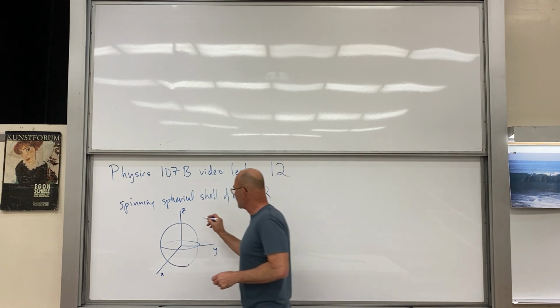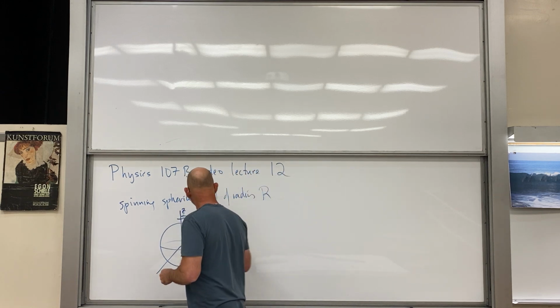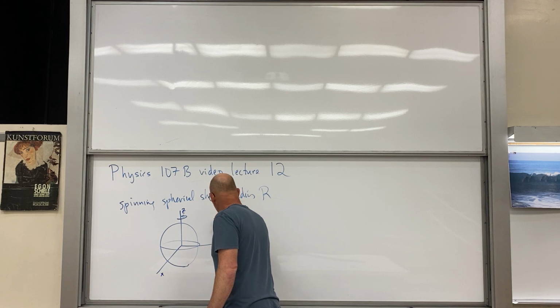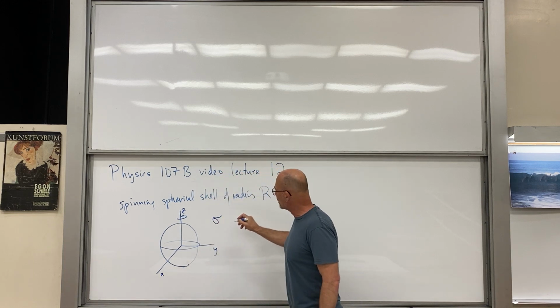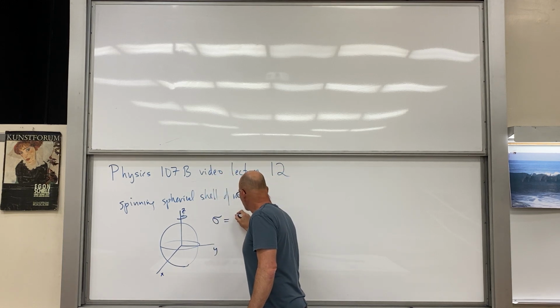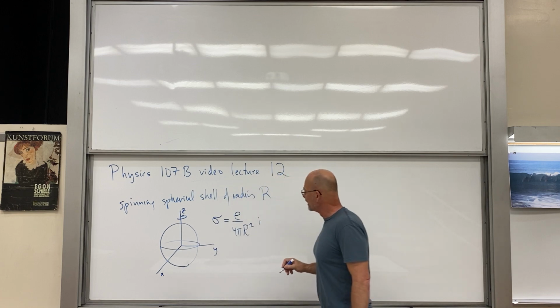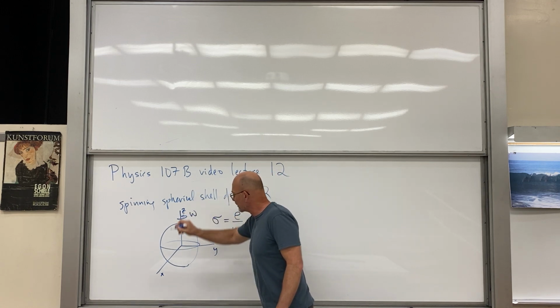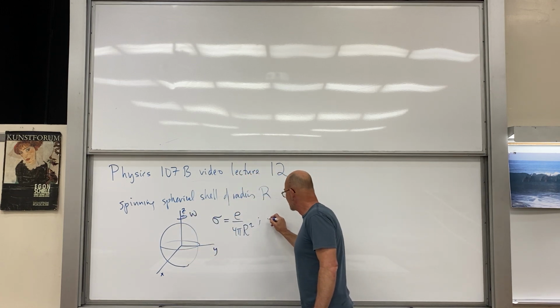Okay. Right now what we have is that it's covered with charge. So surface charge density is an electron charge over 4 pi radius squared. It's rotating with angular speed omega.